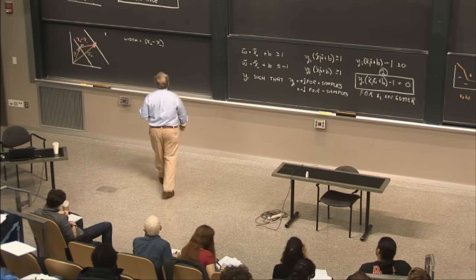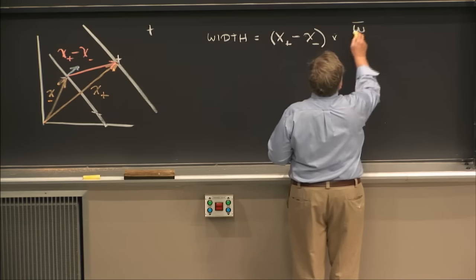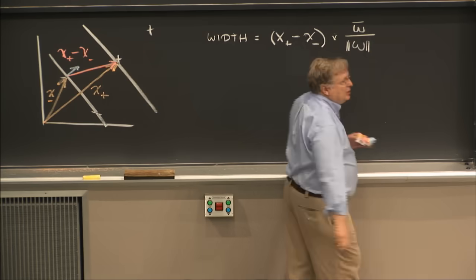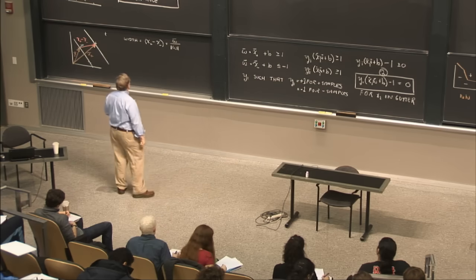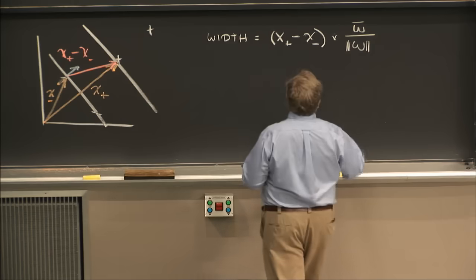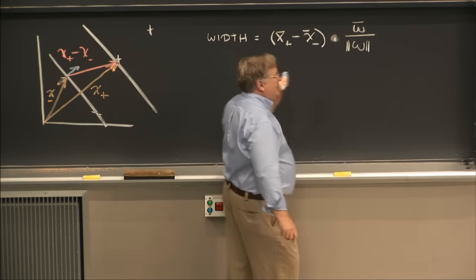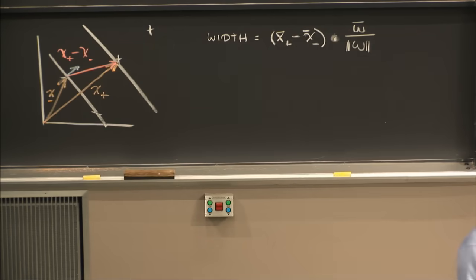So what I can do is multiply this times w, and then divide by the magnitude of w, and that will make it a unit vector. So that dot product, not a product, that dot product is in fact a scalar, and it's the width of the street.